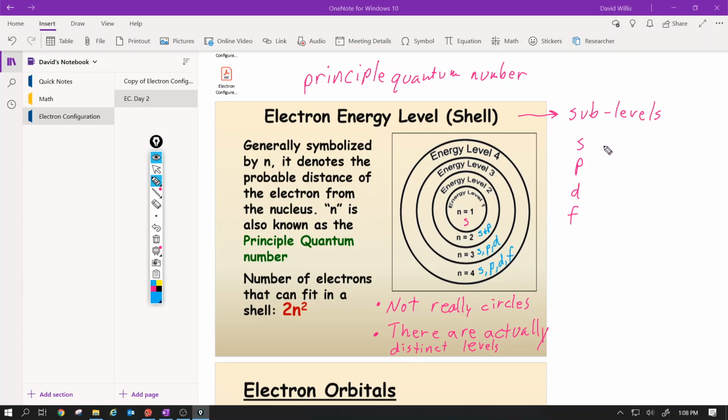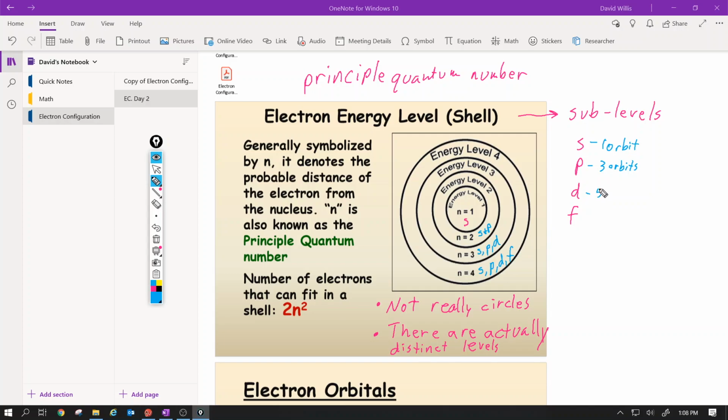Then within each of those sublevels, there are orbitals where the electrons are actually found. We said yesterday that our S could contain one orbital, which would be 2 electrons. Our P has 3 lobes, which represents 3 orbitals, which would be 6 electrons.